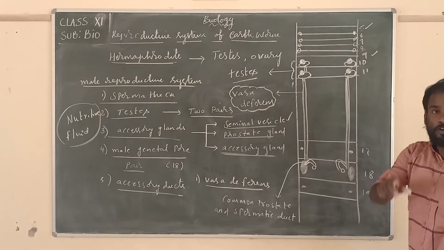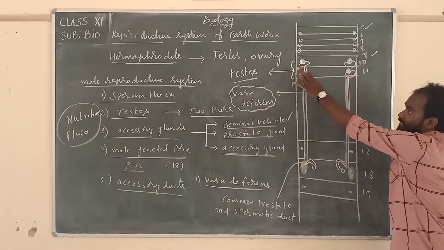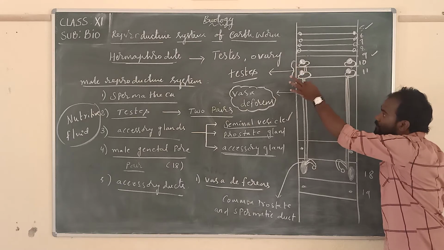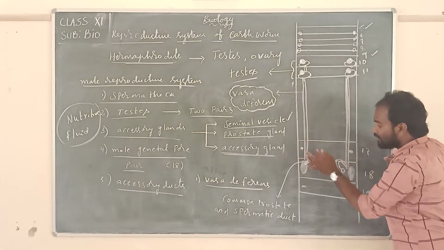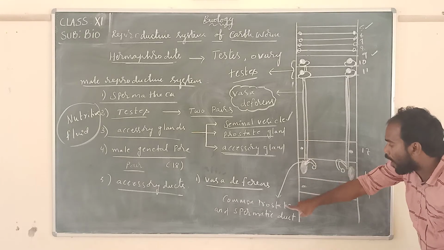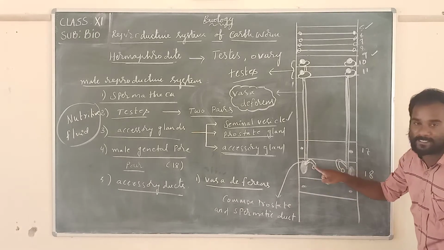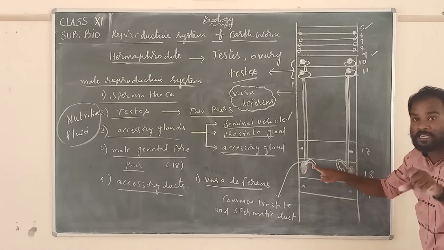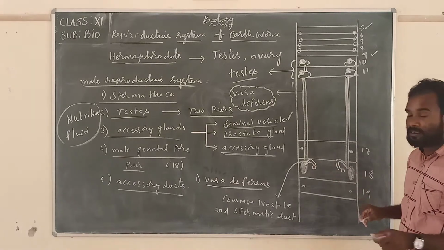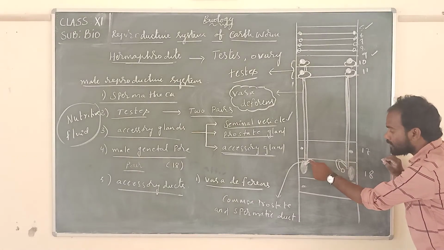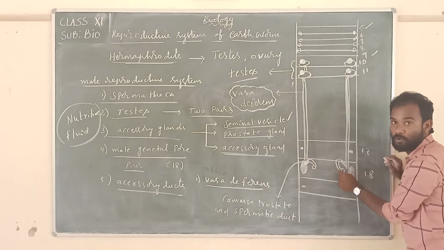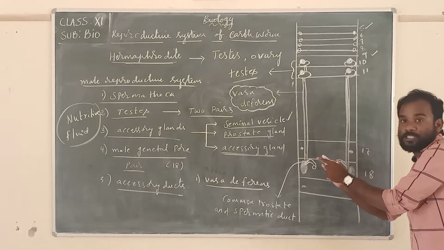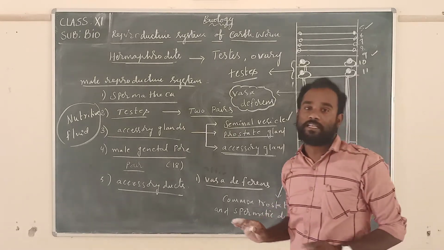From vas deferens, the sperms will go to the common prostate spermatic duct. From the common prostate spermatic duct, the sperms will go to the male genital pore. From the male genital pore, the sperms will be released outside.